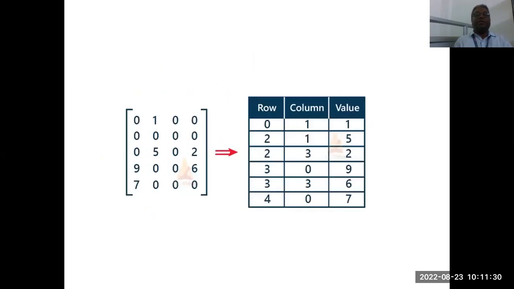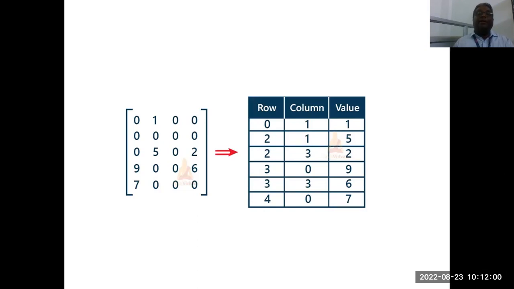Consider this example. In the 0th row, first column, we have the value 1. Then in the second row, first column, we have the element 5. In the second row, third column, we have the element 2. Like this, we store the elements in the matrix or array representation.